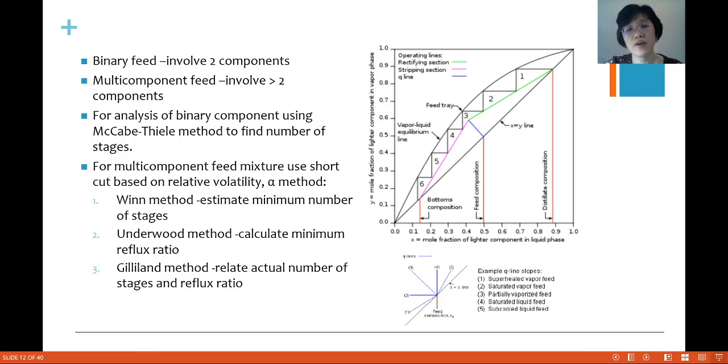You can, of course, adopt these methods and solve the equations manually to get the required parameters like minimum number of stages and also minimum reflux ratio, as you learned in unit operations. But in Aspen, you can use Aspen Plus, typically the shortcut model, that adopts the same methods to solve the problem.